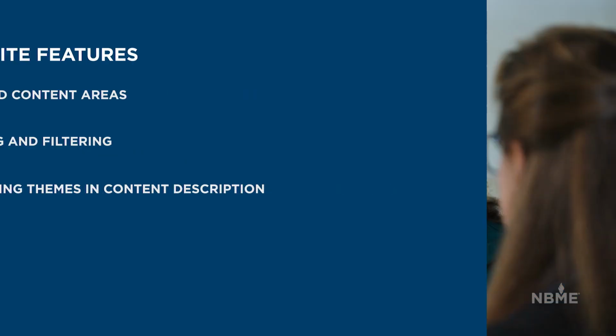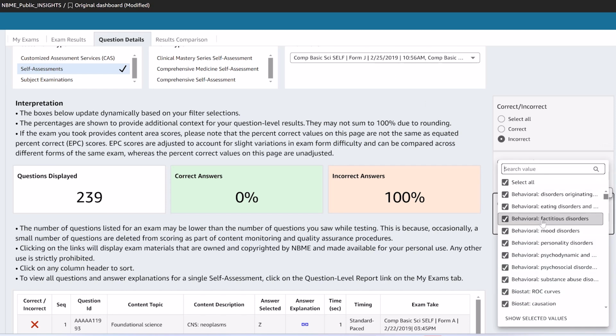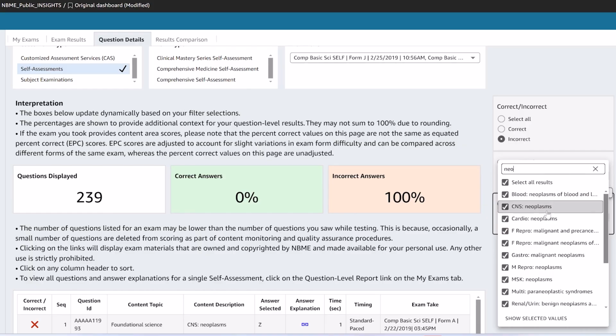And so one thing students sometimes struggle with is integrating all of the information they need to know for Step 1, Step 2. So instead of looking at it in isolation, you can now look at themes across each of these systems. So neoplasm is one of the keywords I have them type in. I've also found congenital disorders, traumatic and mechanical disorders, and I'm sure there's more, but it's really helpful in determining something that's outside of what the traditional score report had.